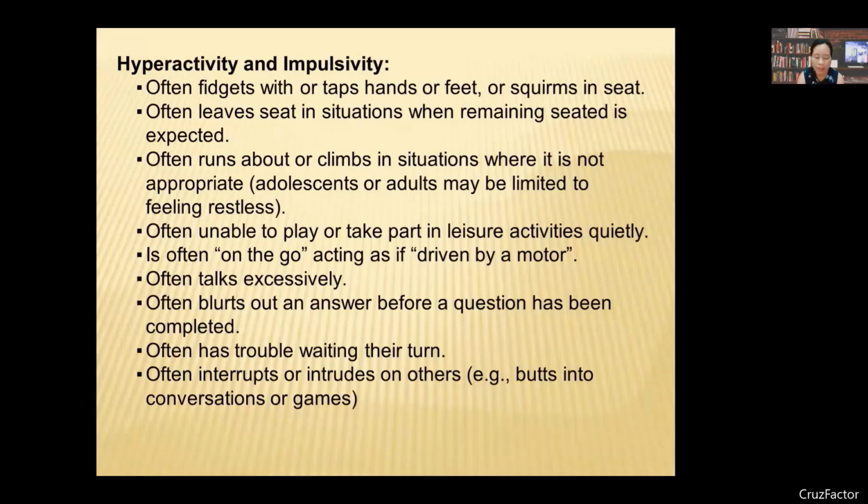They are unable to play or take part in activities quietly. They often talk excessively. They blurt out the answer before a question has been completed. They have trouble waiting for their turn, and most of the time they interrupt or intrude on others. In combined type, you can see both characteristics or both symptoms.